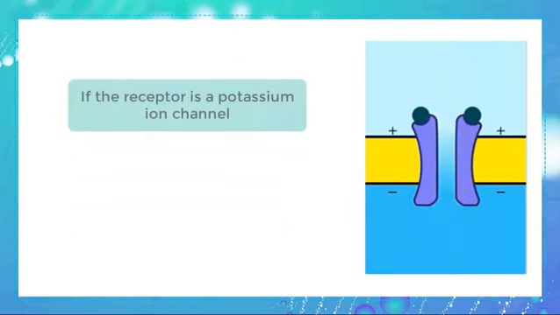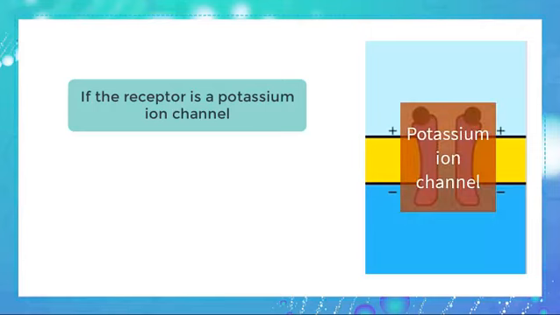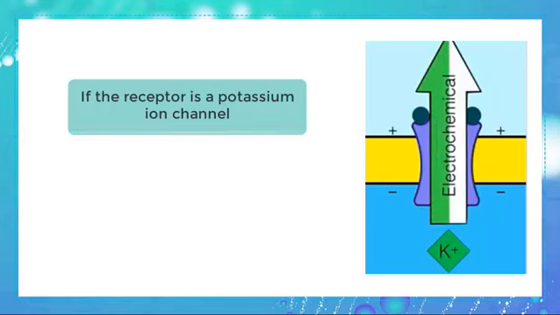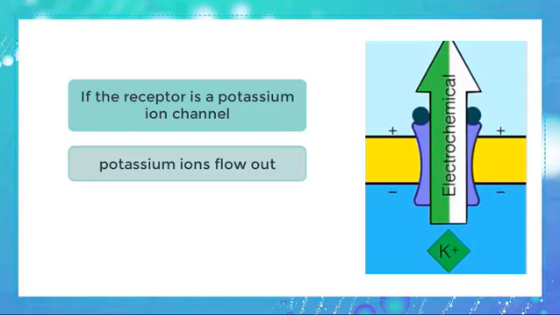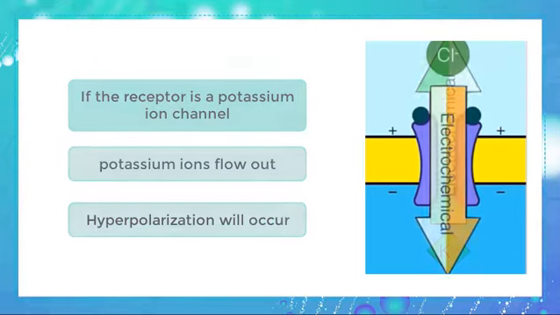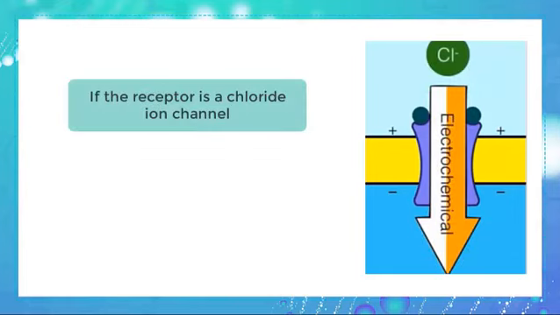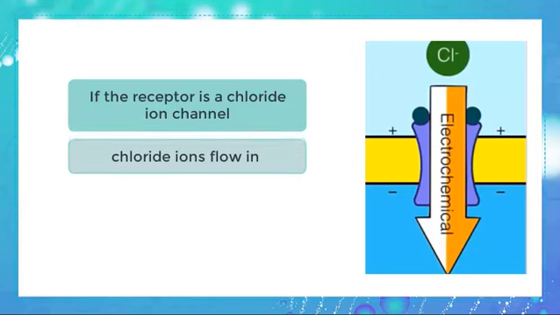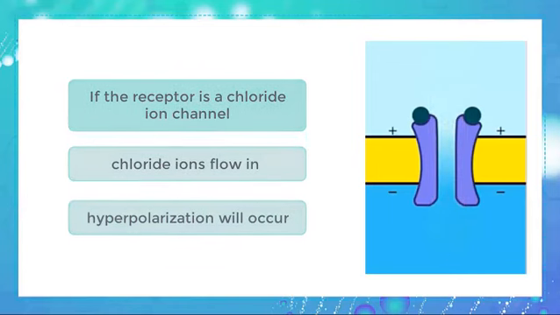But if this receptor is a potassium ion channel, then its opening will cause a potassium ion outflow and thus hyperpolarization will occur. Hyperpolarization will also occur if the receptor is a chloride ion channel, since chloride ions are negative ions that have the tendency to flow to the inside of the neuron.